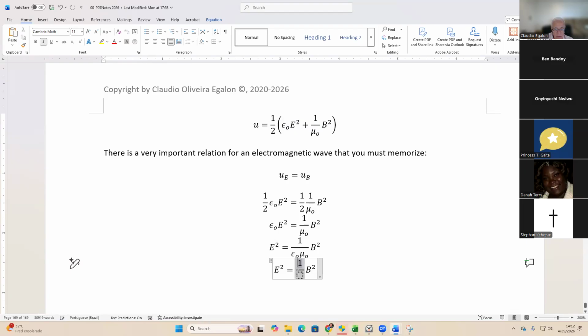It is the inverse of it, like that. Another student coming in. And we can here write that E equal to CB.